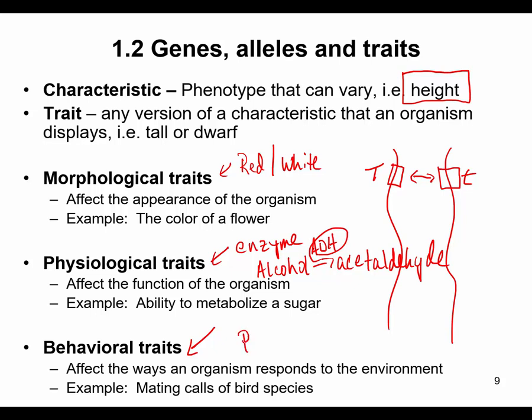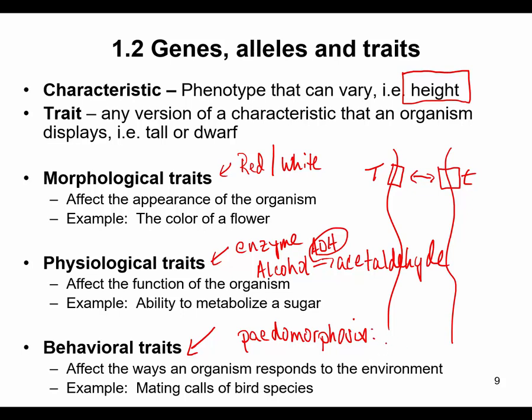There's a phenomenon called pedomorphosis. This is retaining your juvenile behavioral trait into adulthood. It could actually be retaining a juvenile morphological trait into adulthood as well, by the way. It doesn't have to be a behavioral trait.